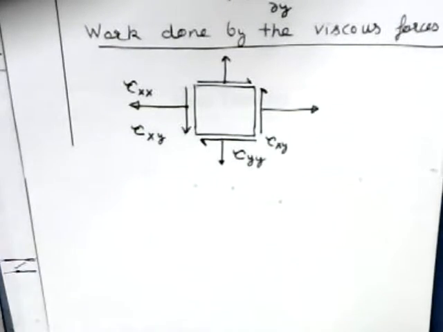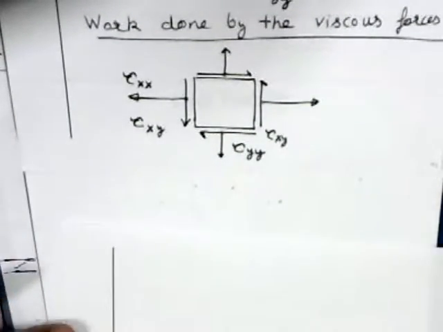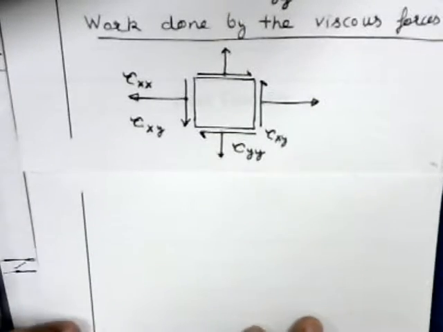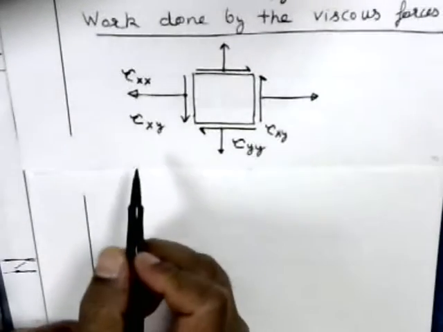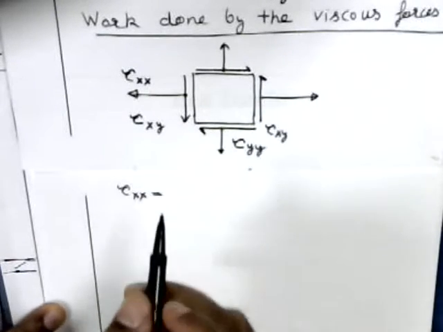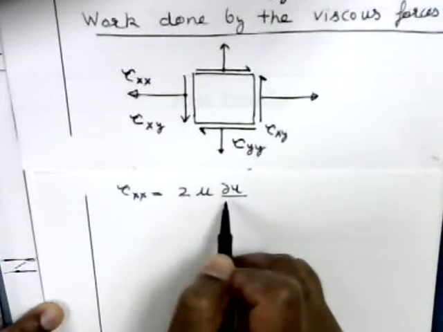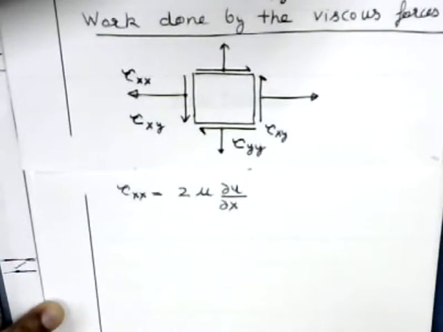Okay. Now, first let me write down the expressions for these. You know these from fluid mechanics, you must remember tau xx is given as twice mu del u del x.